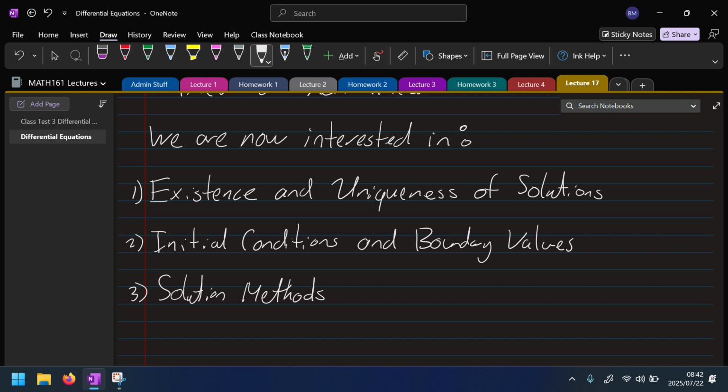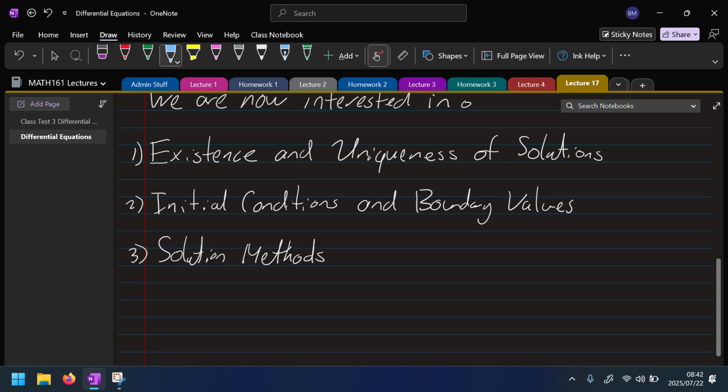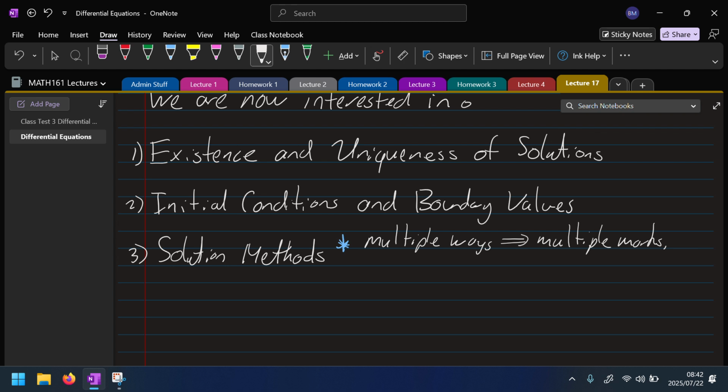If you solve the differential equation 2 different ways, you get the marks for both, same as we had before. So I'll put a little star here. Remember, multiple ways, you get your multiple marks. Just keep that in mind if you want your bonus marks.